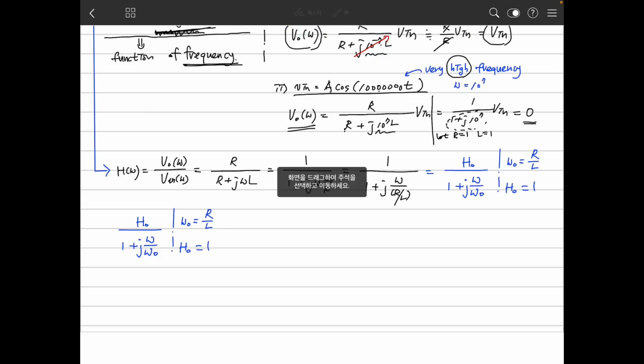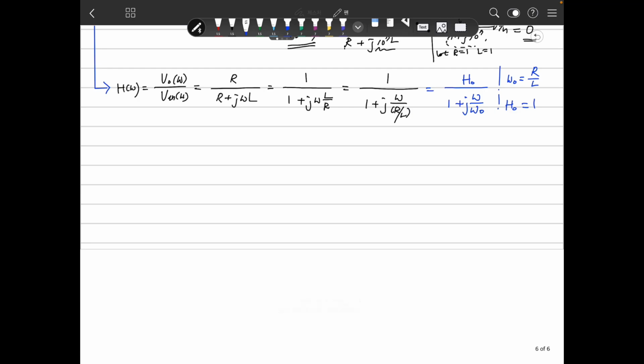Here, no, I will write again. So this is a general form of low pass filters.